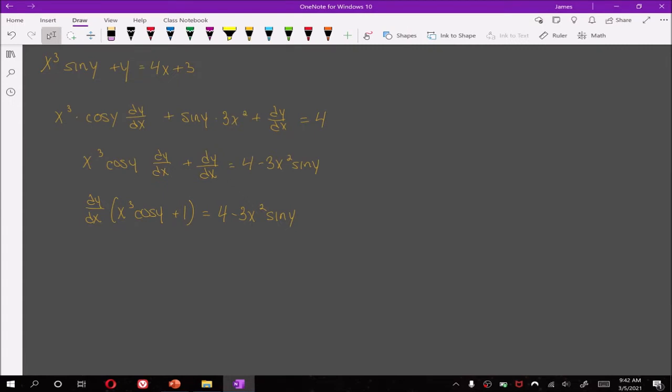Now we just have to divide by this x cubed cosine of y plus 1. And we'll have dy dx is equal to 4 minus 3x squared sine of y all over x cubed cosine of y plus 1.